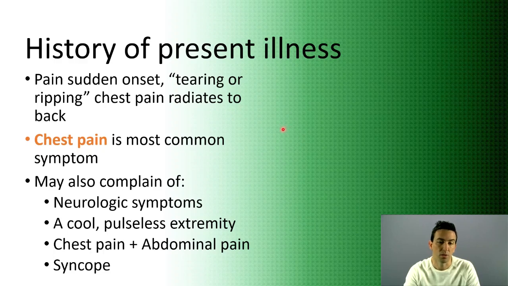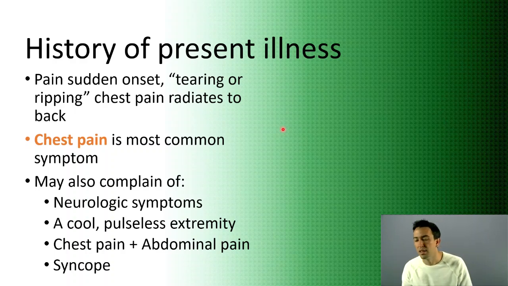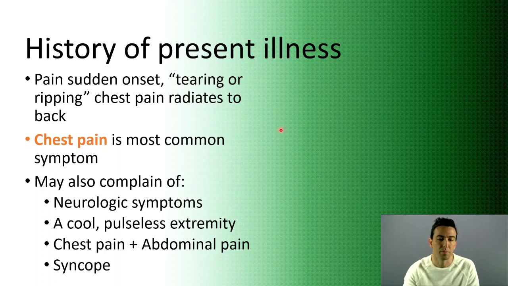It will typically use descriptors of tearing or ripping chest pain. It'll radiate to the back. Chest pain is the most common symptom, and so you might get a question stem that says, what's the most common symptom of an aortic dissection? It'll have chest pain, dyspnea, syncope, something to that effect, and chest pain is the most common.